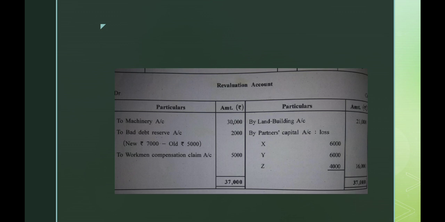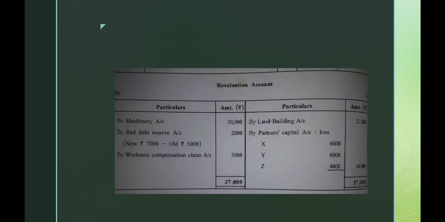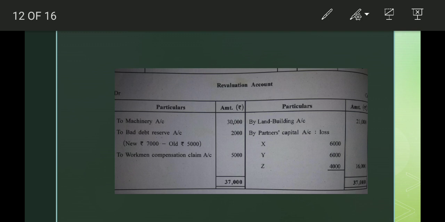We followed the steps. See, the total of whichever side is more, here the total of the debit side is more, 37,000. And it is clearly visible that it is written on both the sides. Then you are supposed to deduct the total of the lesser side. The total of the lesser side is 21,000.